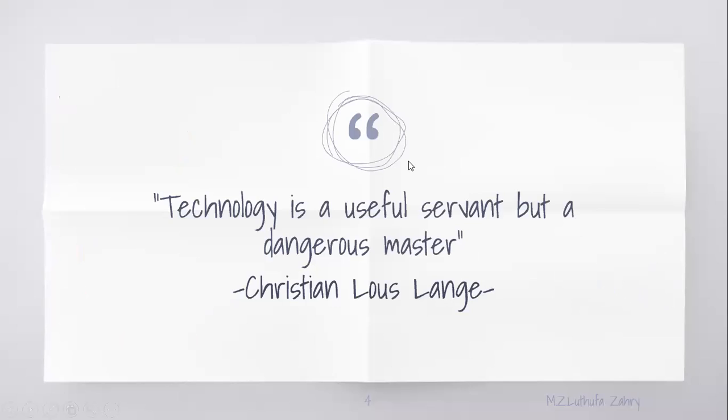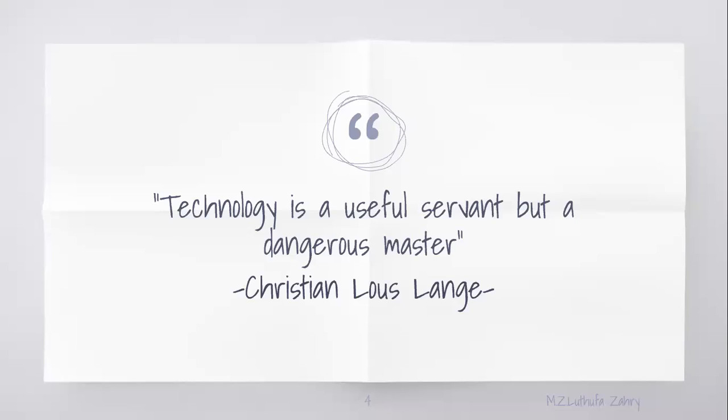Before starting, let me share a quote. Technology is a useful servant, but a dangerous master. Be very careful with technology. ICT is very useful, very easy, very interesting, but it is a useful servant and a dangerous master.